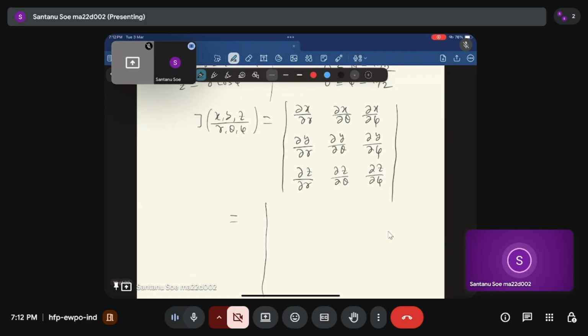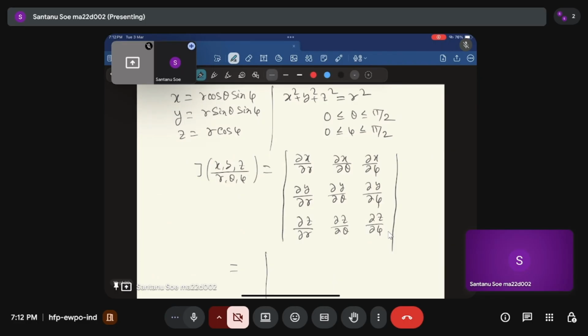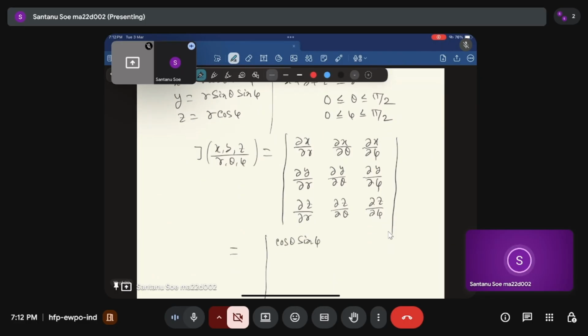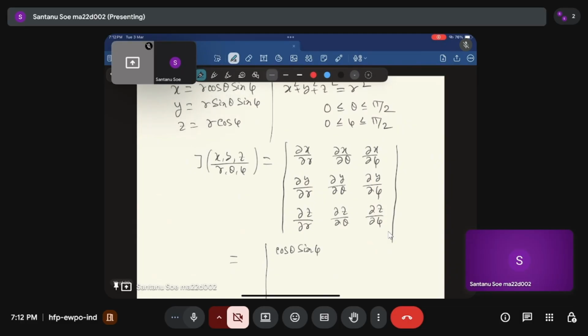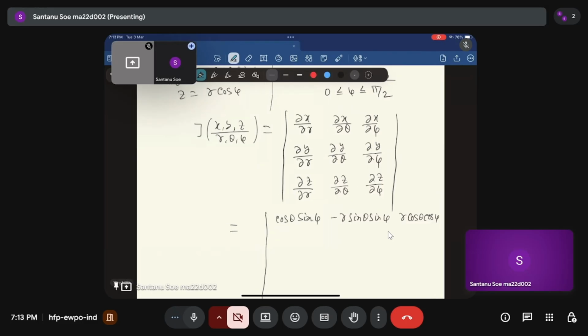So now del x del r is gonna be cos theta sin phi, and del x del theta will be minus of r sin theta sin phi, and del x del phi will be r cos theta cos phi, correct?